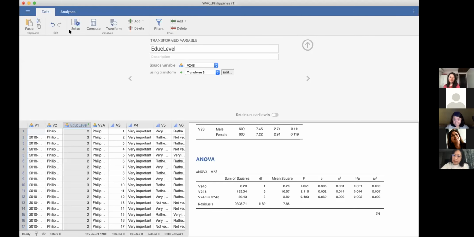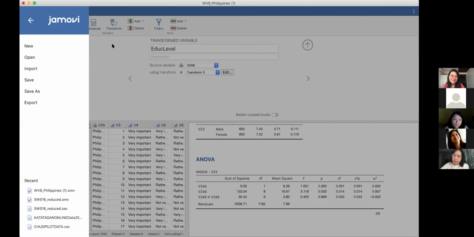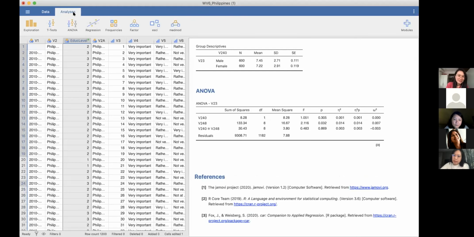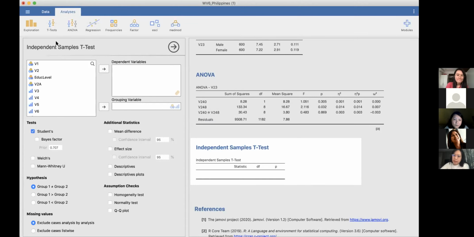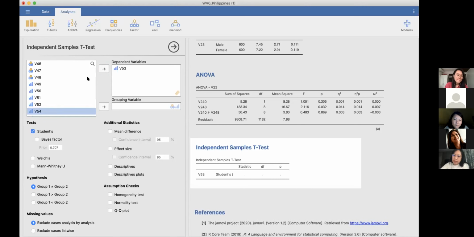Okay, so let's do the first one, which is gender differences in the belief that men make better executives than women. So go. So t-test, independent sample t-test. Our dependent variable is V53. And our grouping variable is V240 or gender.